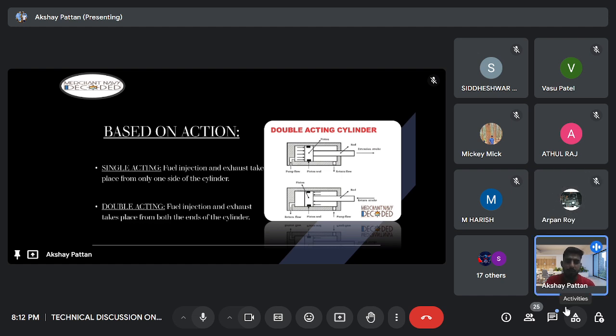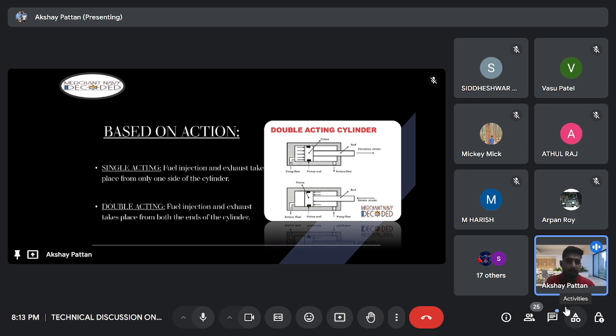Yes, that is the difference between single acting and double acting. Here I have shown a reference image. This is not the actual diagram of a double acting engine, just a double acting cylinder. The suction takes place from one side and the discharge takes place from the other side, so both actions happen in the same stroke of the cylinder.